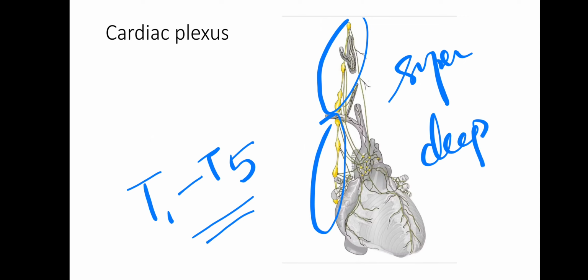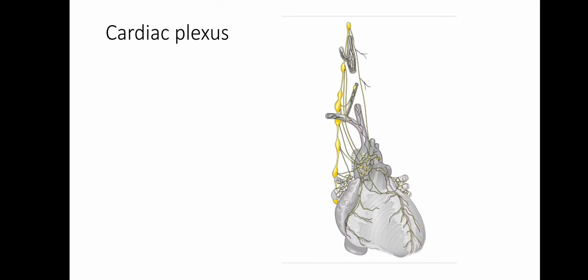The superficial cardiac plexus, as you can see here, lies superficially in front of the branching of the pulmonary trunk. The deep cardiac plexus, as you can see here, has the trachea behind it. So the deep cardiac plexus lies in front of the division of the trachea.